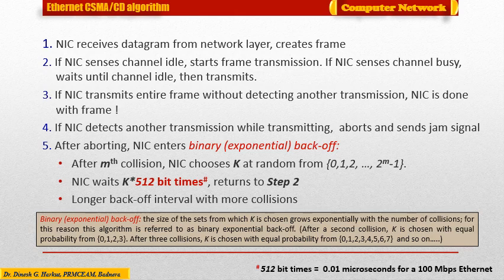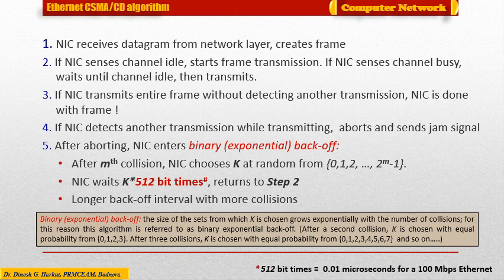If the interval is large and the number of colliding nodes is small, nodes are likely to wait a large amount of time. That is, the channel remains idle before repeating the sense and transmit-when-idle steps. On the other hand, if the interval is small and the number of colliding frames is large, it is likely that the chosen random values will be nearly the same and the transmitting nodes will again result in collision.